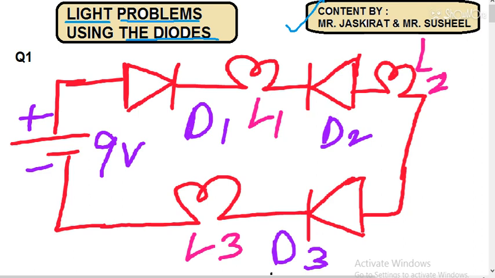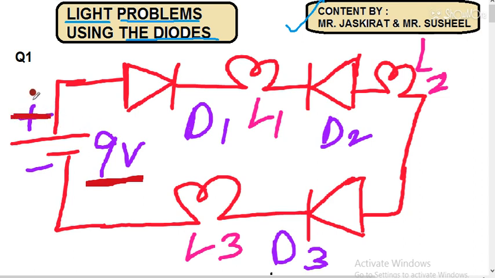So now starting the first question. Here the battery provided has a voltage of 9 volt. This is the 9 volt battery, and its positive terminal is this one.